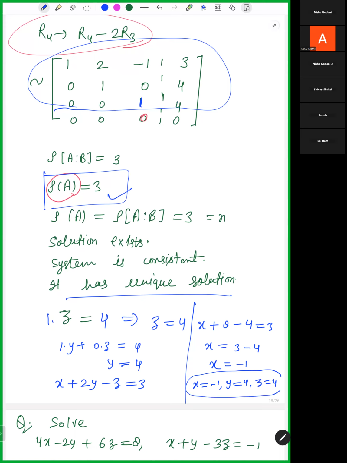You can check whether this solution is correct or not. You can substitute these values of x, y, z in the given system of equations. If all these 3 are satisfied, then it's okay, and this means the solution is correct. So is it okay with you, how to find a unique solution?